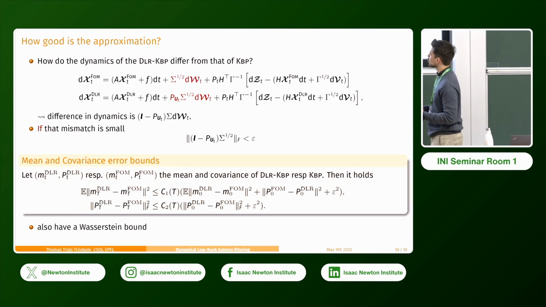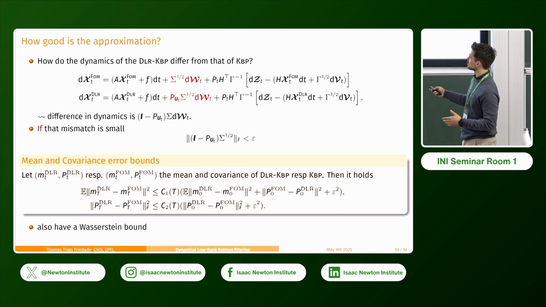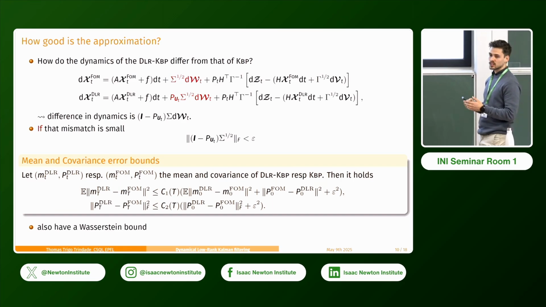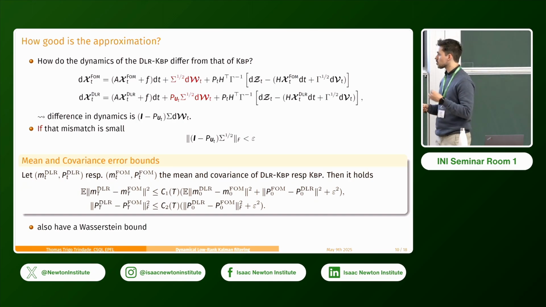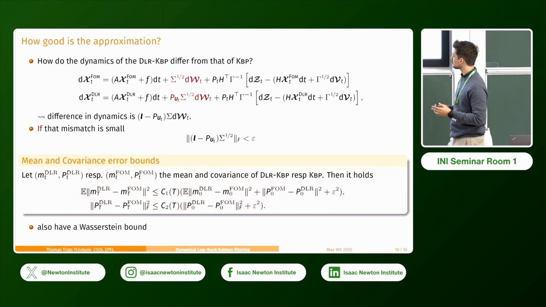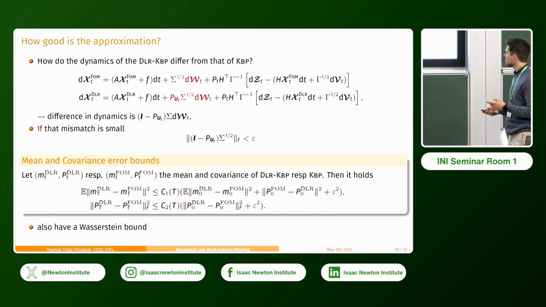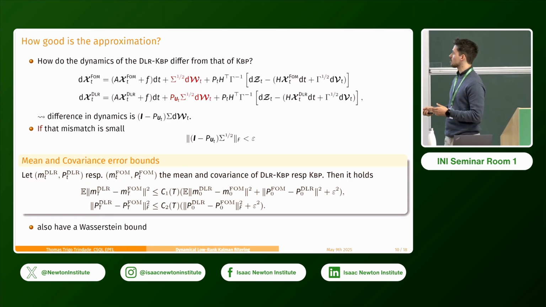That's a bit of a tricky quantity to estimate, but the idea is that if this mismatch, so the part that is different between the first line and the second line, is small over time, then you can get this class of results where you can predict how much different your mean of the DLR is going to be from the mean of the FOM, and similarly, how different your covariance of the DLR is going to be from the covariance of the FOM. And this means you don't commit too much of an error if those dynamics match in the beginning.